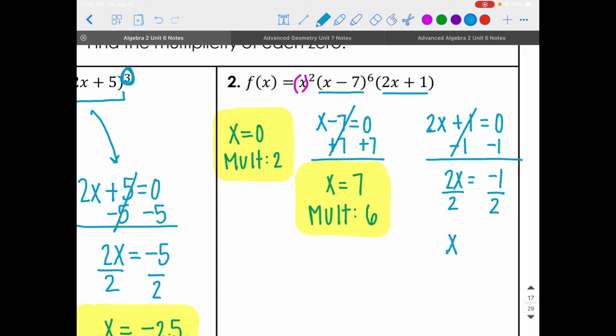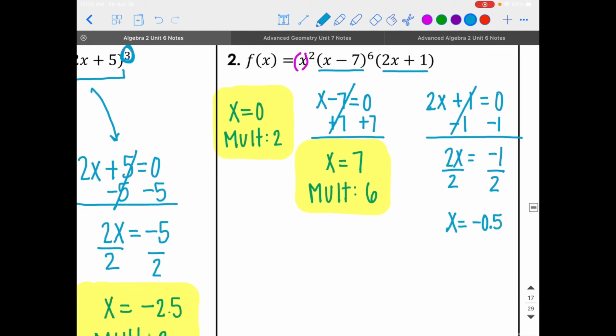And then we divide by 2. So x equals, you can leave it as a fraction, negative 1/2, or negative 0.5. That's your preference. And the multiplicity is what? It's actually 1. If you don't see an exponent, we assume it's 1, not 0.